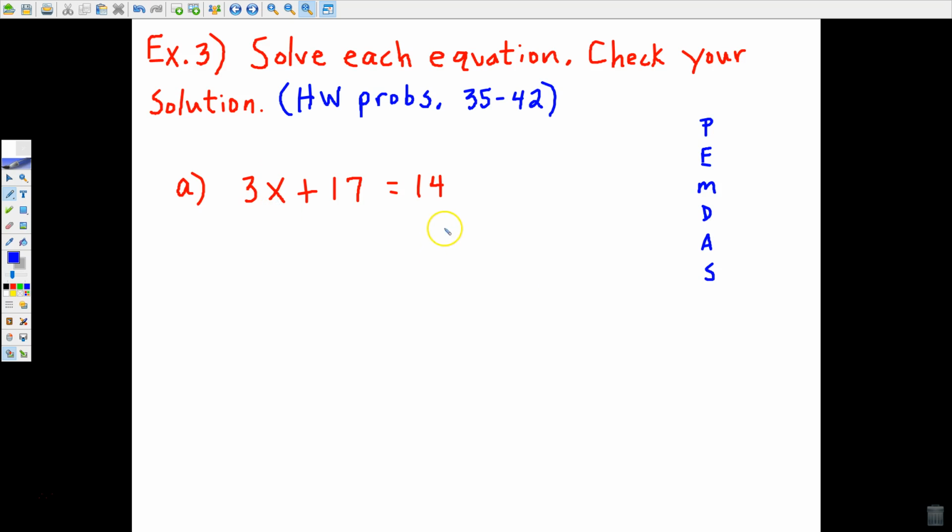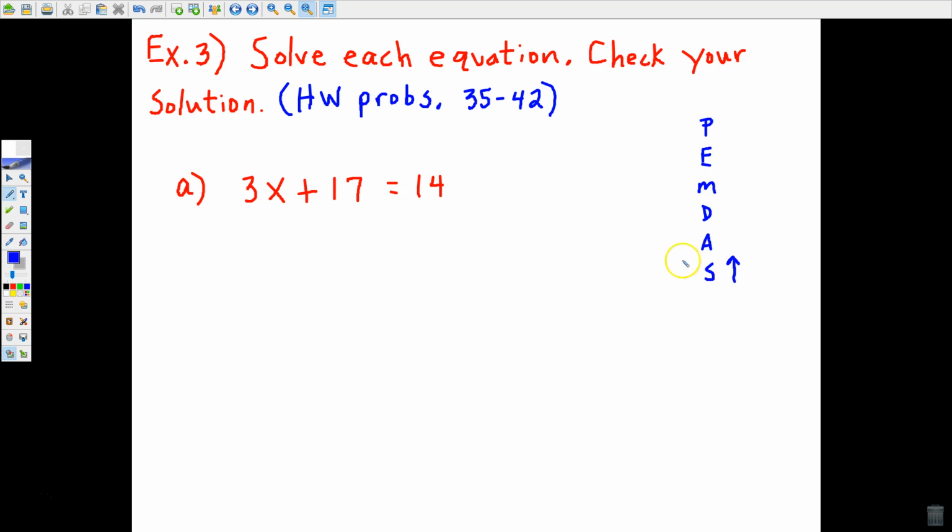And the way we do that mathematically, maybe you never really thought about this before, is we follow this PEMDAS. Remember, this stands for parentheses, exponents, multiplication, division, addition, subtraction. But we follow this PEMDAS in reverse order. So we're going to go up the PEMDAS order.